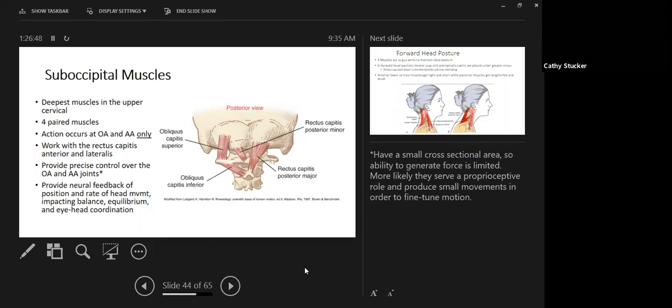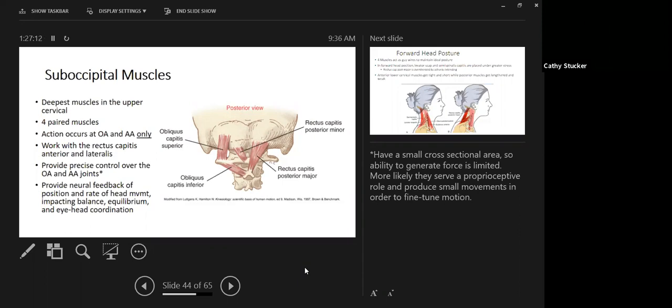So they're that small. So really what they primarily function as is to give precise control, so fine control of the head at the upper cervical. But the main thing is they give feedback to the orientation of the head in space. Where is the head?